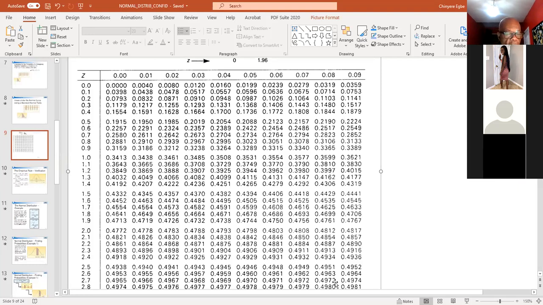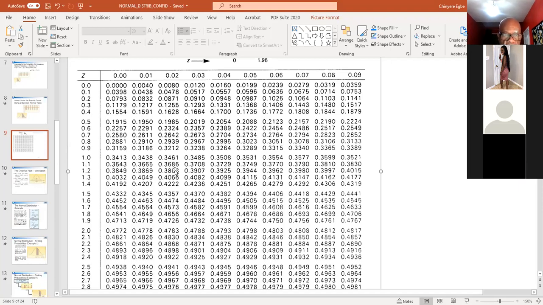Okay, and so the other Z we calculated is 1.12. So what is the area of the curve between 0 and 1.12? So this is 1.1, and you go on to the 1.12.